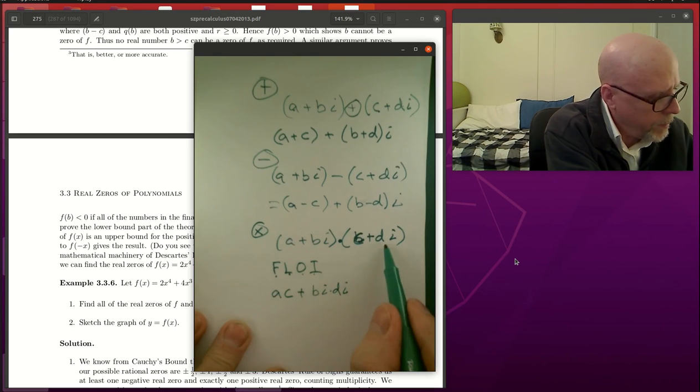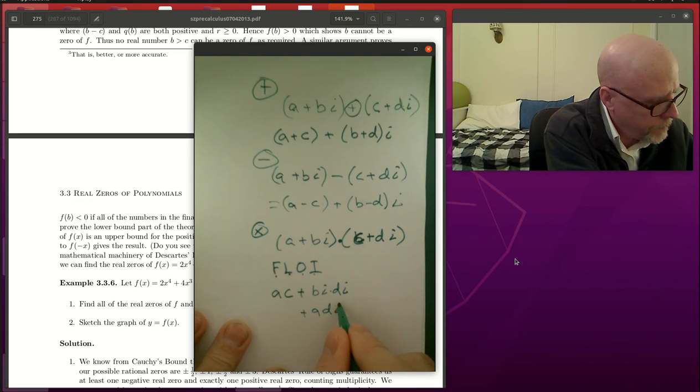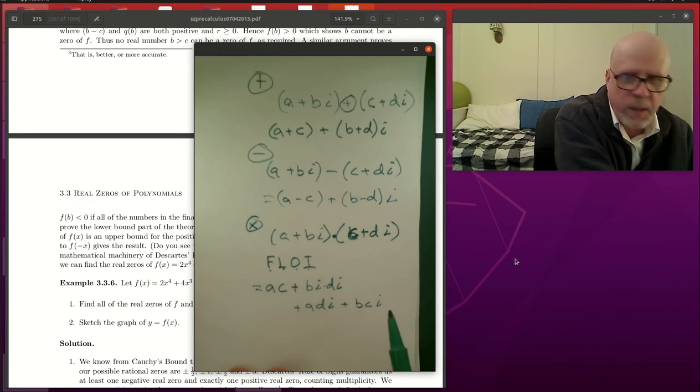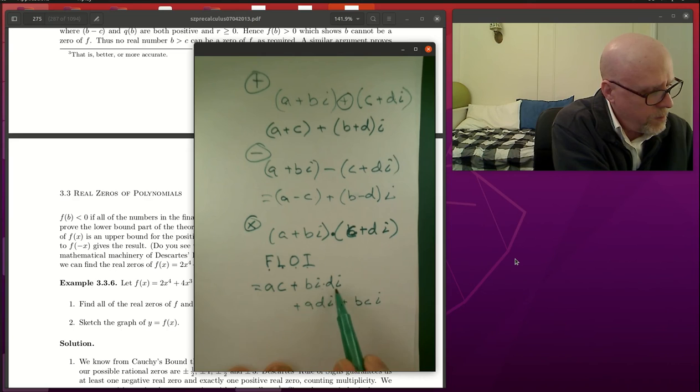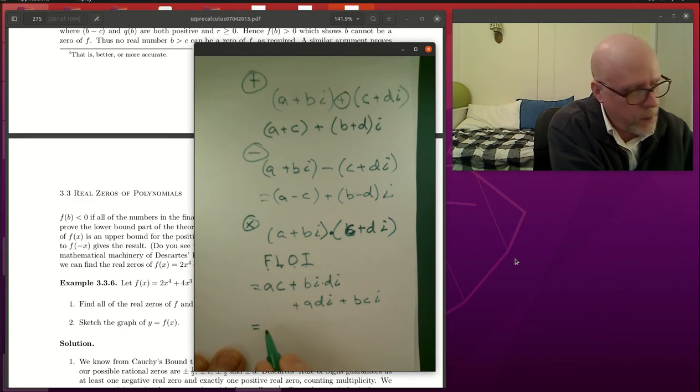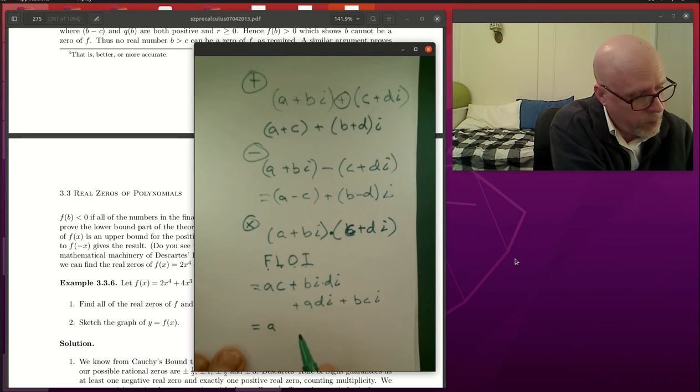Outer would be A times DI, and inner would be BI times C. Well, I'm going to rearrange that as BCI. So far, it looks a little ugly, but let me point out something to you. This term here has two i's in it, and I times I is I squared. That's minus 1. So you can re-express that as the negative of BD.